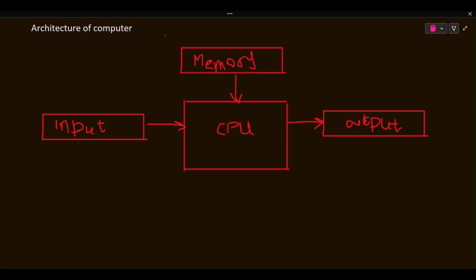One is the memory block, the other is the input block, output block, and the CPU.